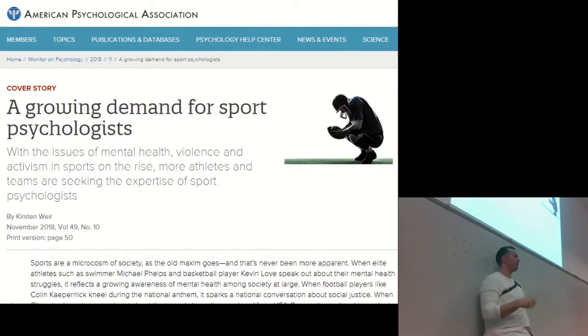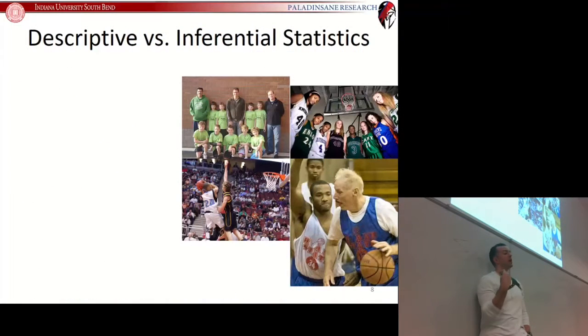So there's a growing demand for sports psychologists to deal with the ever-increasing number of athletes trying to reach peak performance. So let's say you were doing a study on sports psychology and you wanted to specifically study basketball players and see if basketball players are well-adjusted mentally, do they have any mental issues, what are the consequences of being a basketball player? Well, if you were doing that study, you would use both descriptive and inferential statistics.